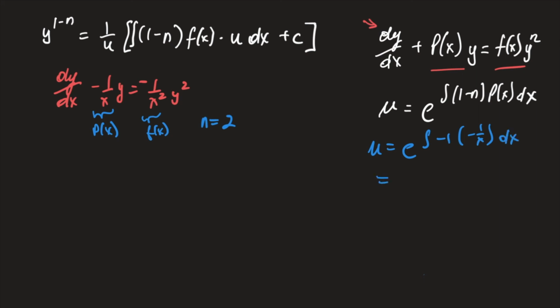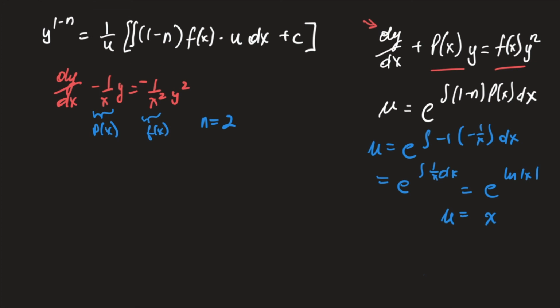So we're going to simplify: e to the integral of 1 over x dx is simply e to the ln of x, which, as discussed before, is nothing more than just x. So our integrating factor u is x.